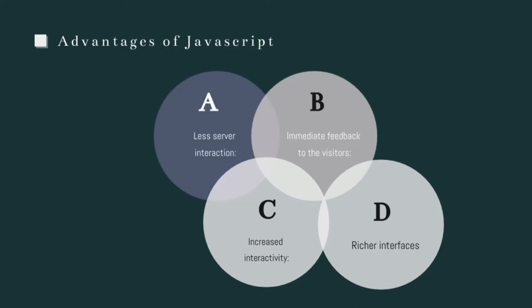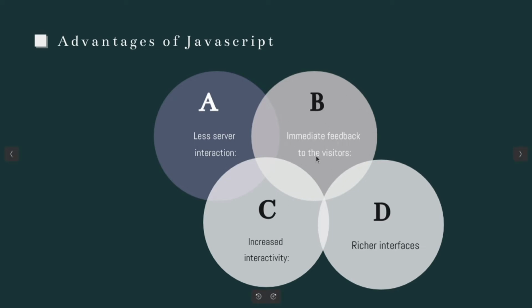The first advantage of JavaScript is that it has less server interaction. What do I mean by less server interaction? That means you can validate user input before sending the page off to the server. This helps to save server traffic, which means less load on your server.